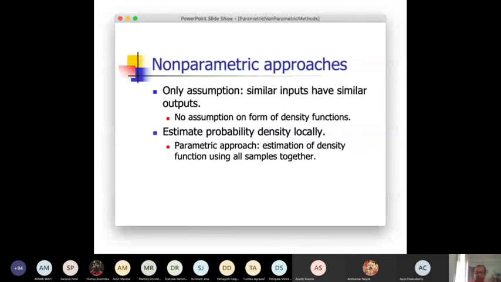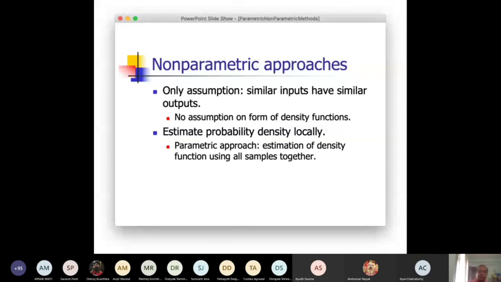If we would like to compute the density function at a point in the input space, at an instance, we define some kind of neighborhood around that point and observe what information is available from the training set. We use only that for computing the probability density function. That is what is meant by local computation.